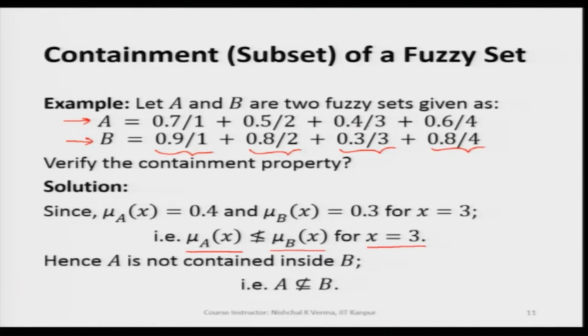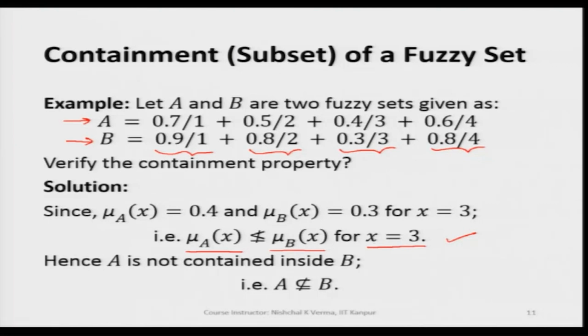So, here for x is equal to 3, the corresponding membership value in fuzzy set A is more than that of the membership value in B. That is why we can say that this condition is not satisfied, meaning mu A x is not less than or equal to mu B for all x's, and the generic variable value x is equal to 3 violates it.